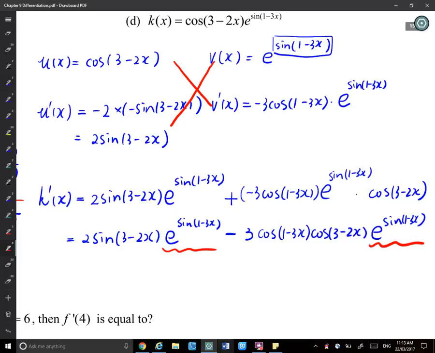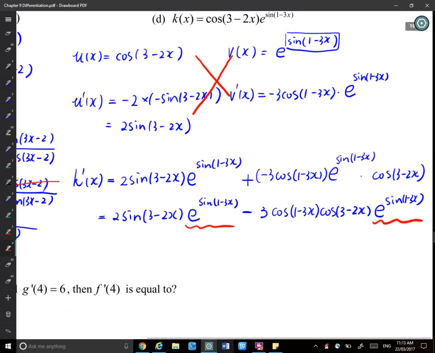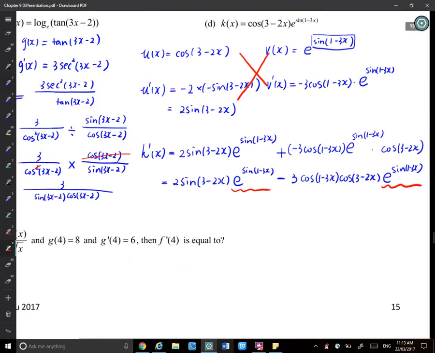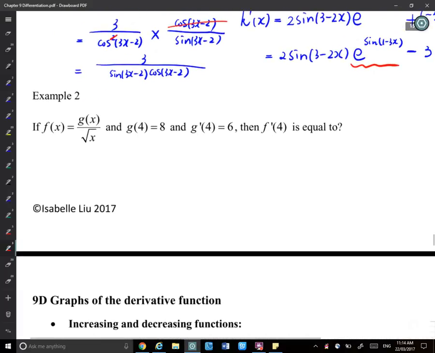Okay, any questions so far for this? If you don't have any questions, let's have a look at example 2.